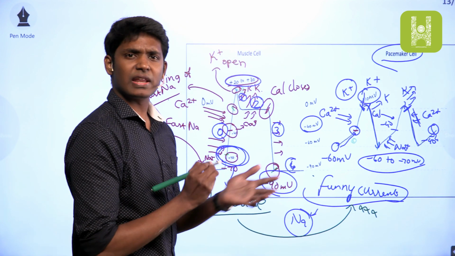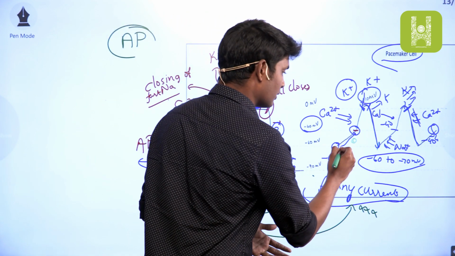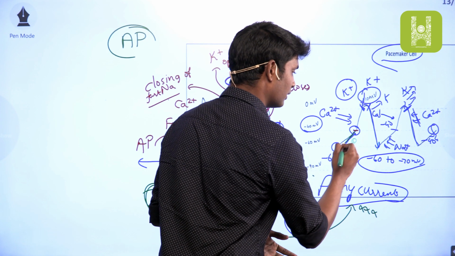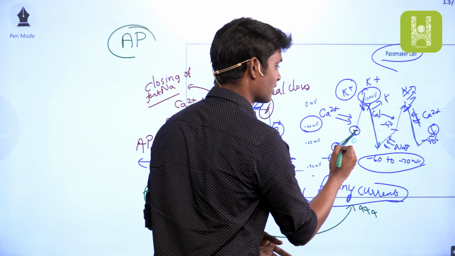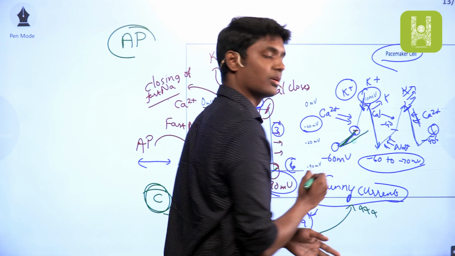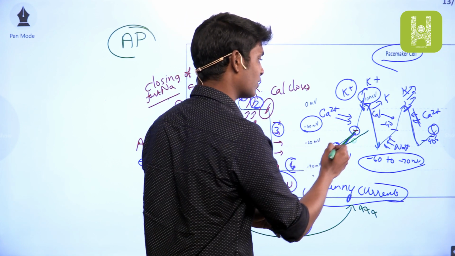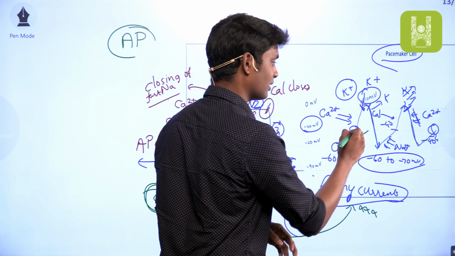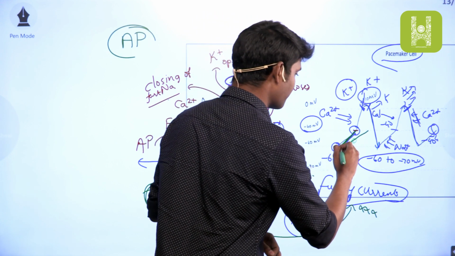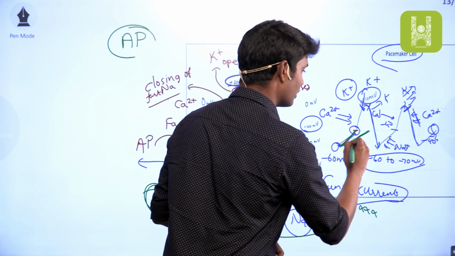So what happens when the funny current channels are blocked? The upstroke of the normal resting membrane potential will become slower. When few channels are blocked, the resting membrane potential doesn't reach minus 40 as steeply as normal, whereas it goes more slowly.